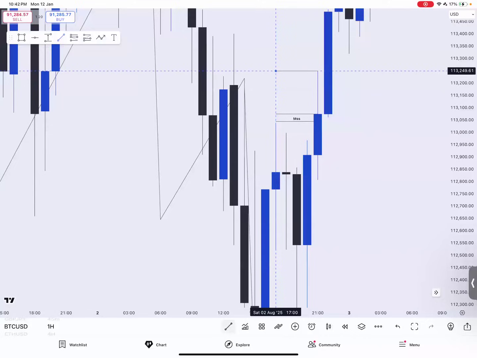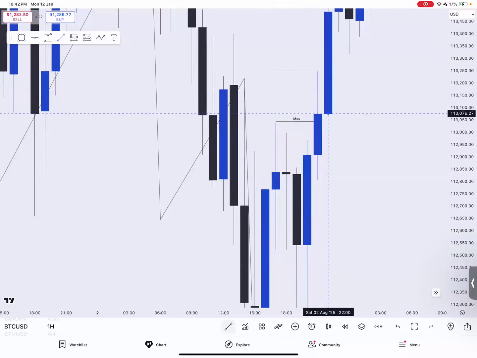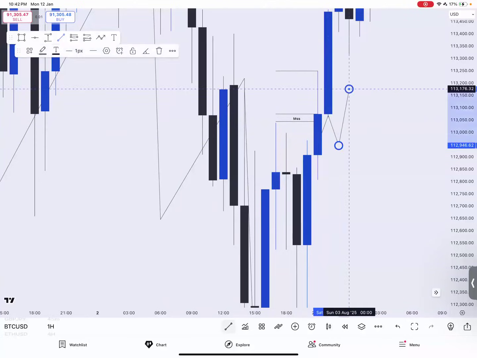Our focus is not on the wick side. Our focus is at the body side. Our focus will be for price to give us a retracement that proceeds to take out the body closure, which is down here. If the market gives us a retracement and tries to take out this body side closure and it did not work, you will not mark your inducement yet until price eventually gives us the retracement that will take out that body side. That's when you can now mark your inducement.